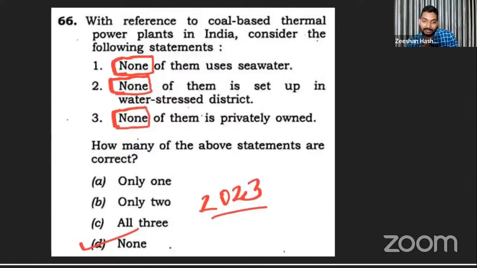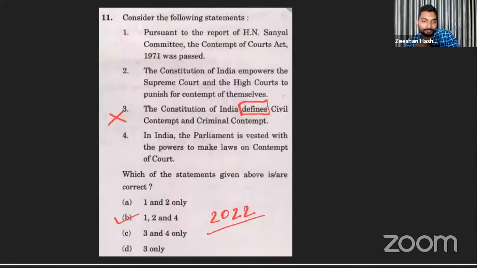In the previous year, in 2022, again in statement 3 UPSC had given something on similar lines. The Constitution of India defines civil contempt and criminal contempt. What is the correct answer for this? Remove statement 3. Statements 1, 2 and 4 is the correct answer.